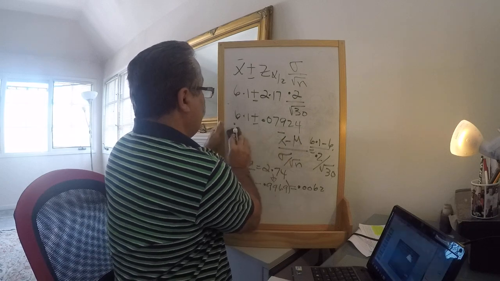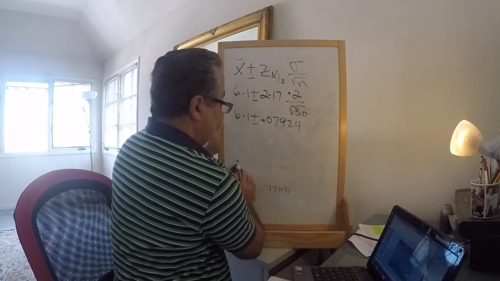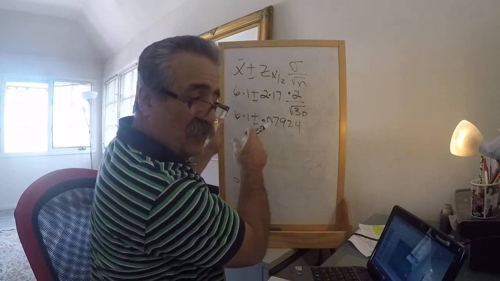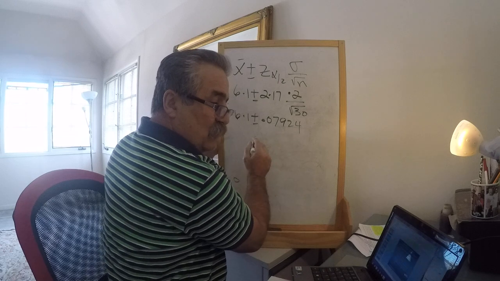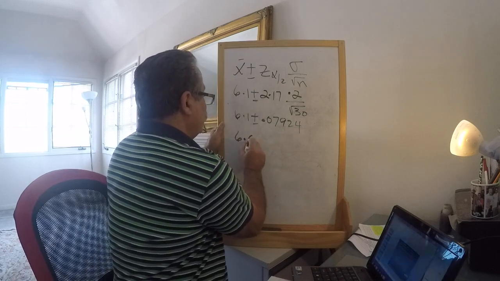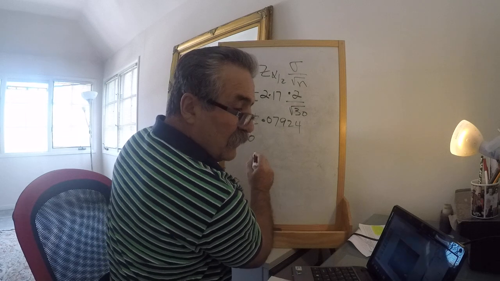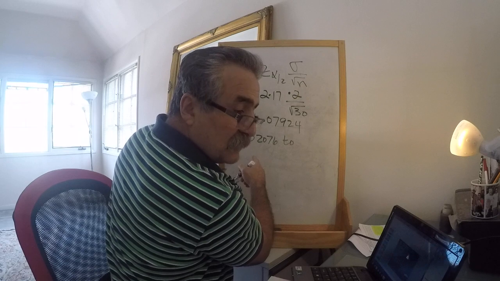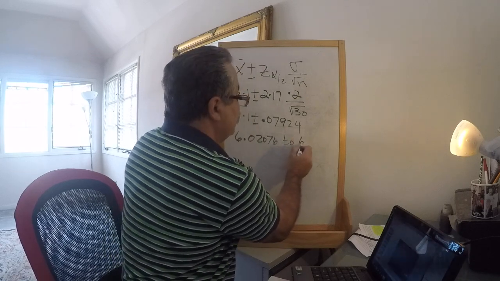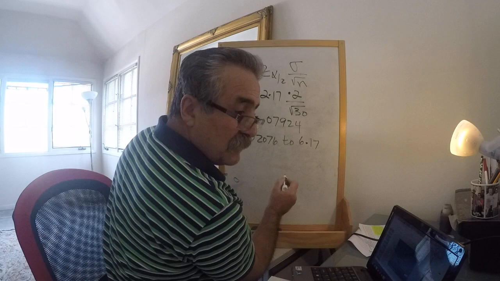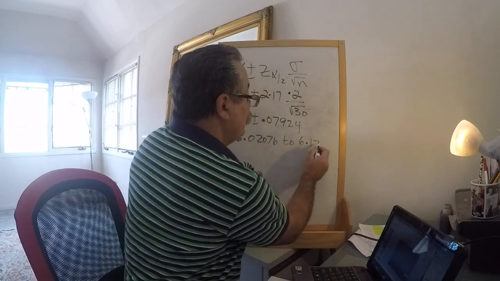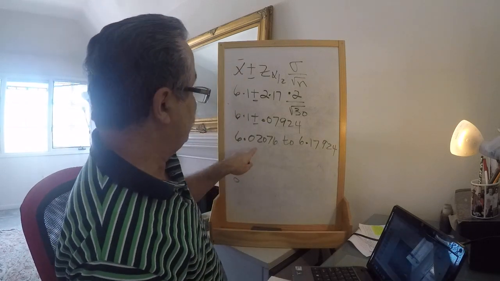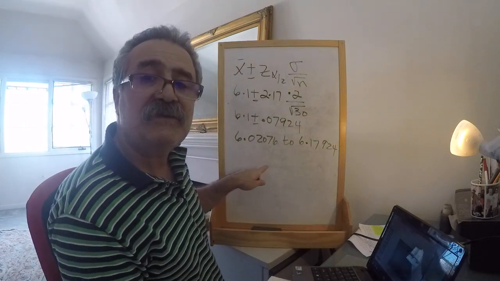Look, if we add and subtract this to 6.1, we see if 6 is within that range. The range would be 6.02076 to 6.17924. So you see that 6 is not within the range.